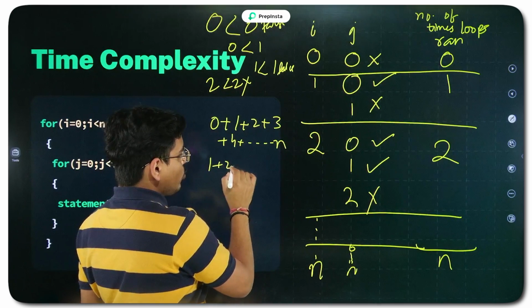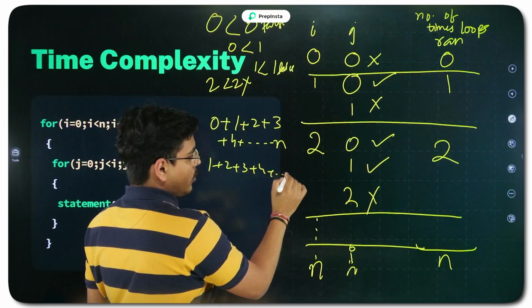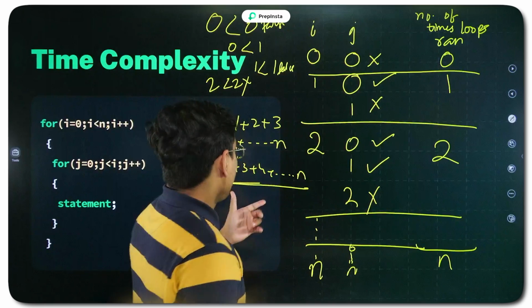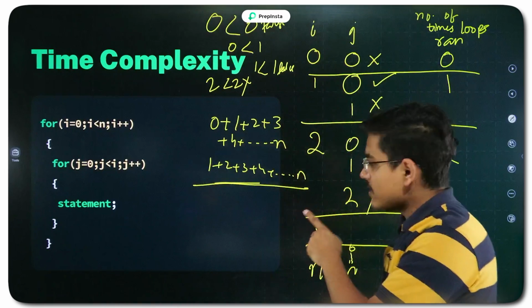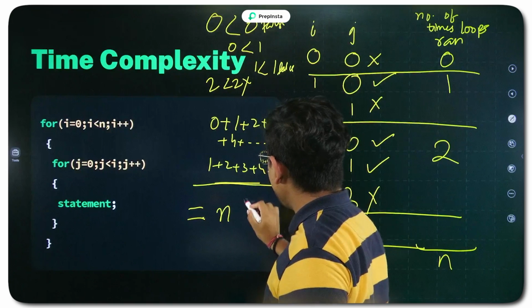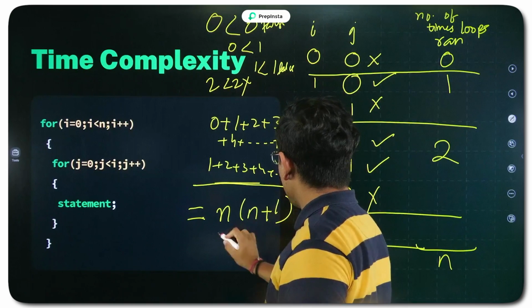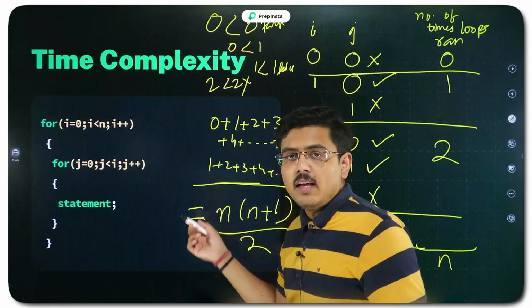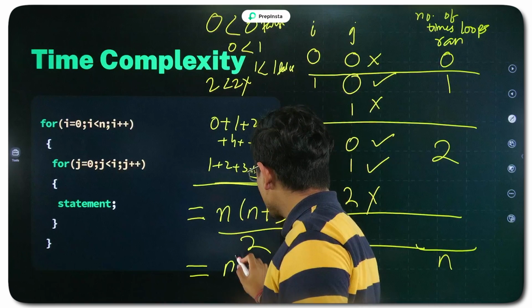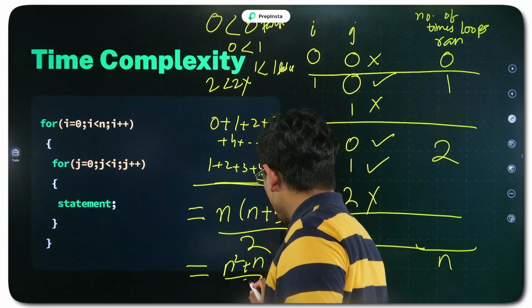Now 1 plus 2 plus 3 plus 4, when it goes till n, this is the sum of first n natural numbers, and by using the rules of progressions, what we can find is n into n plus 1 by 2. What we get is n square plus n by 2.